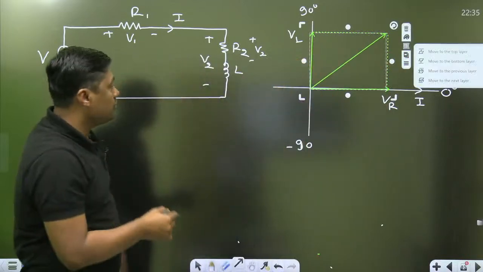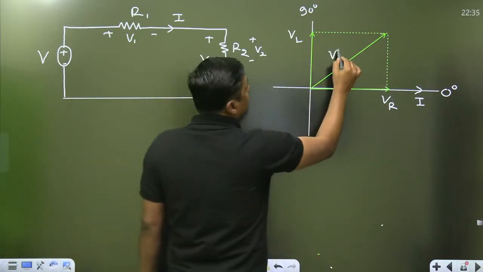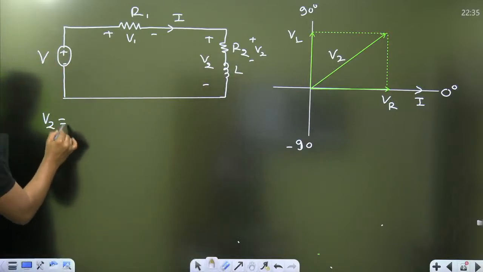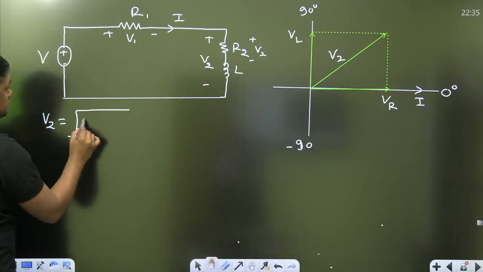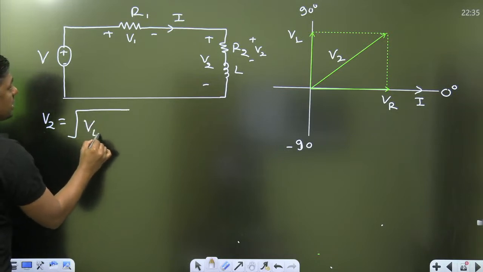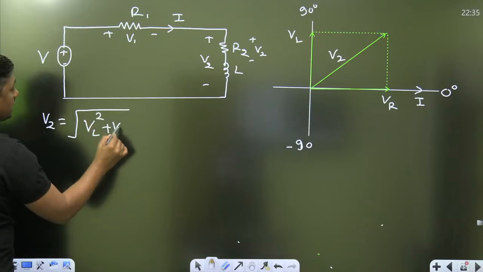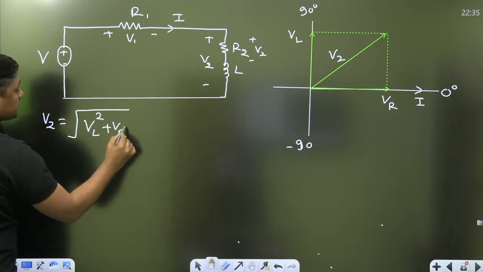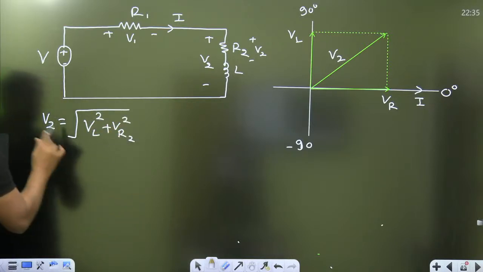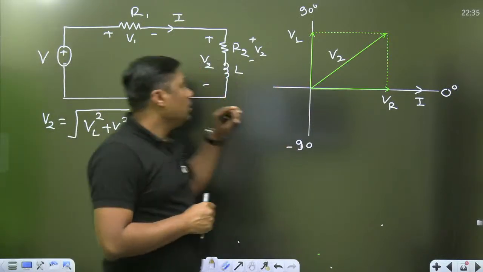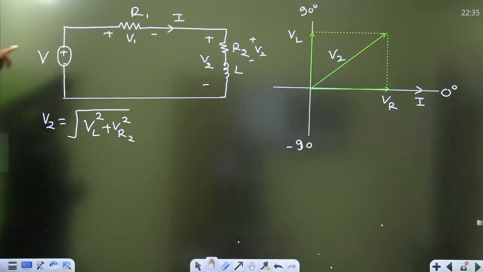That is what V2. What is the V2 here? V2 is nothing but root over VL square plus VR2 square. That is the phasor sum. This is the value of what? V2.